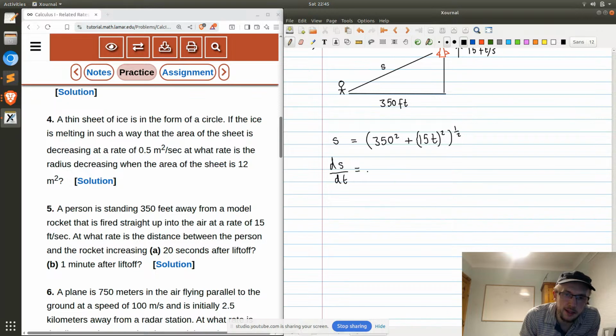So we'll end up computing this, and then we'll know that t equals 20 for part A. And S is the very thing that we want to know. So let's get to it. 450t.